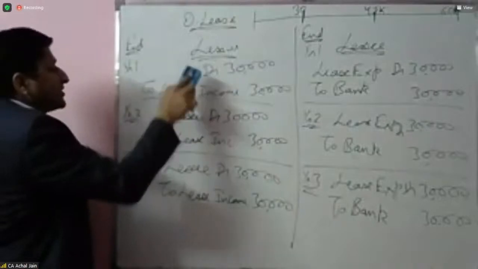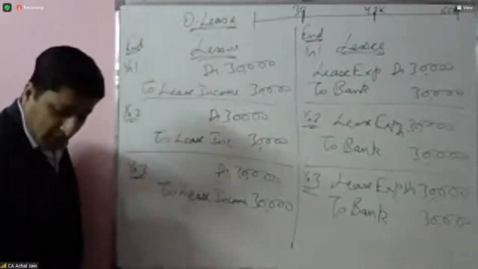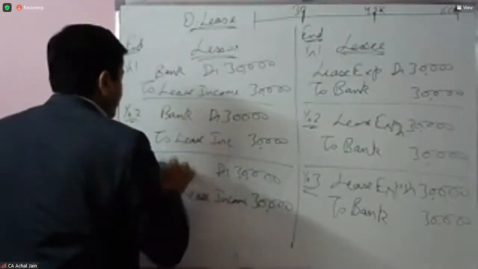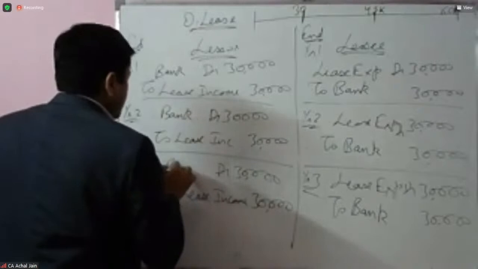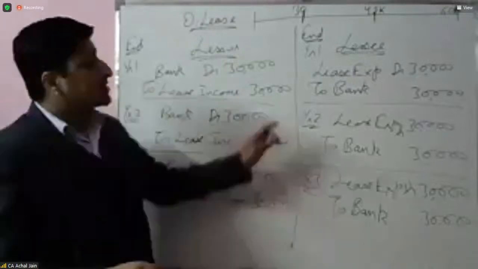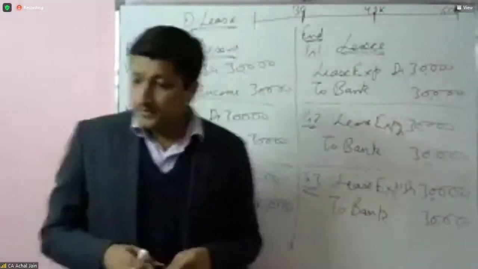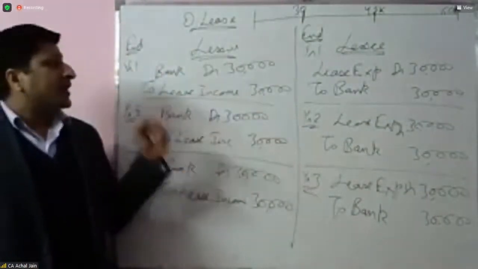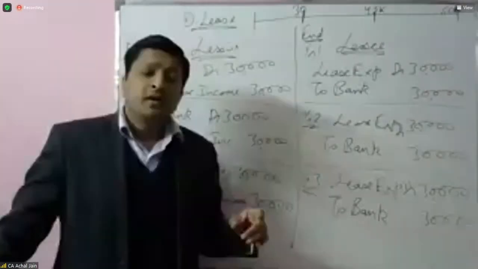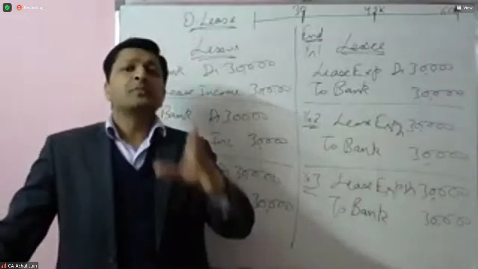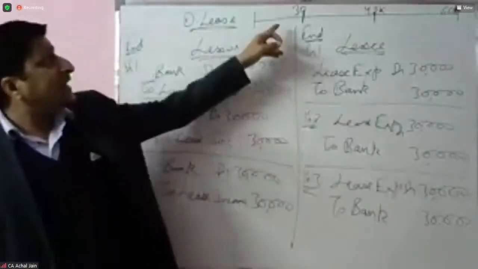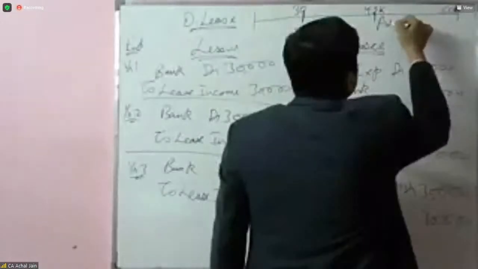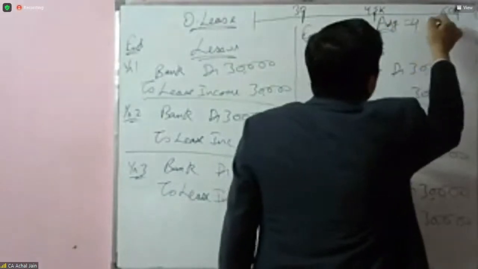Similarly, I can change it, I can say bank debit, bank debit, bank debit. Correct? These were the set of accounting entries I would have passed if the lease rent was 30,000 per annum for 3 years. But now, when the lease rent is different in the 3 years, what do I need to do? I need to take the average. Average comes out to 45,000.